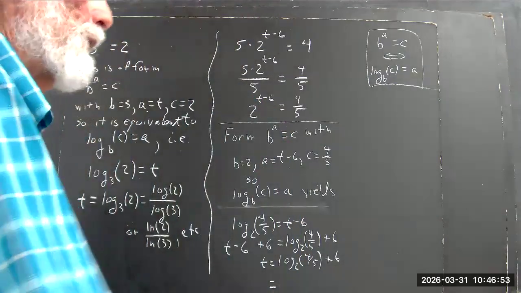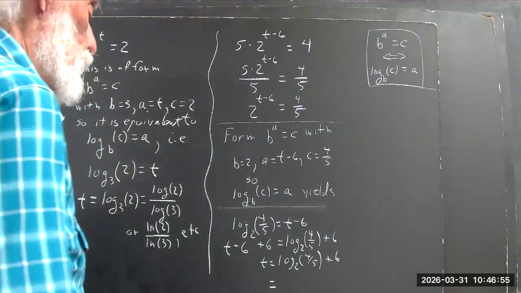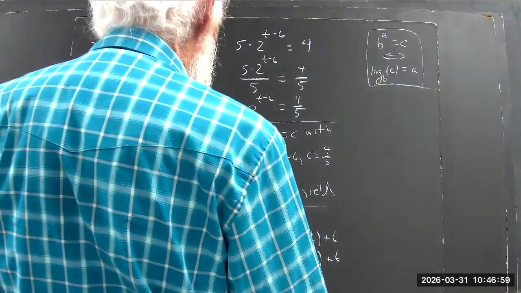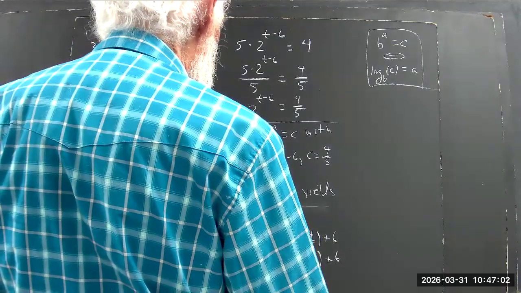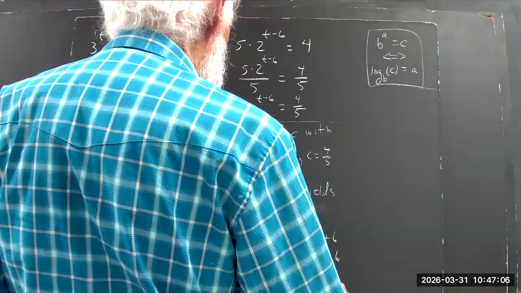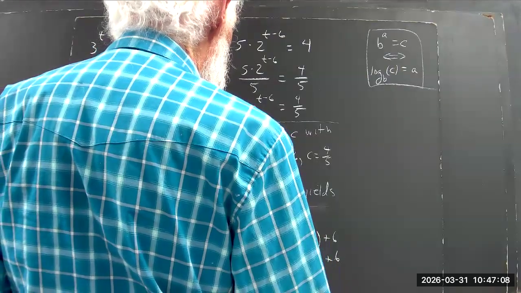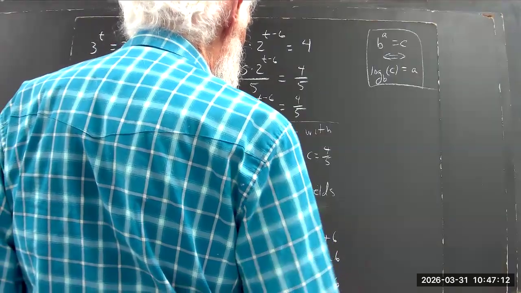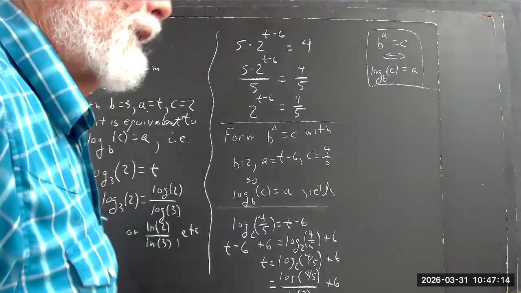Well, now you have what you need to put in your calculator, and don't put in log base 2 of 4/5. Write out log of 4/5 divided by log of 2 plus 6.